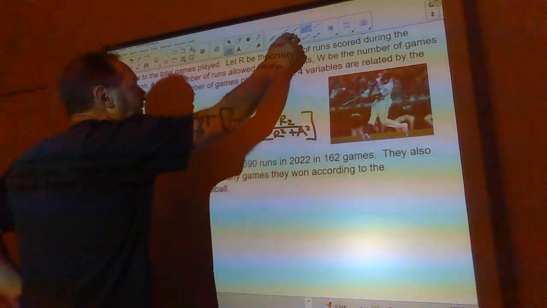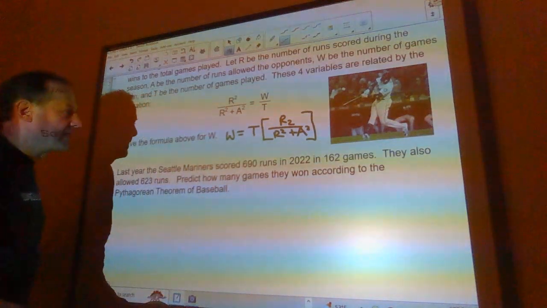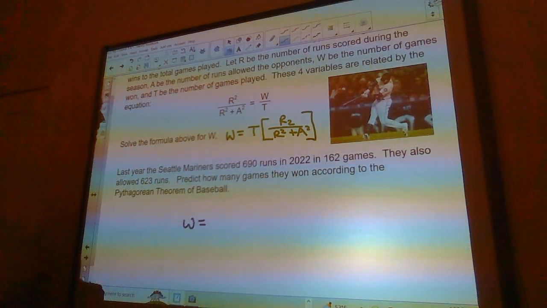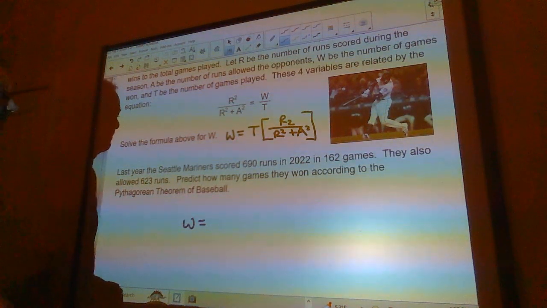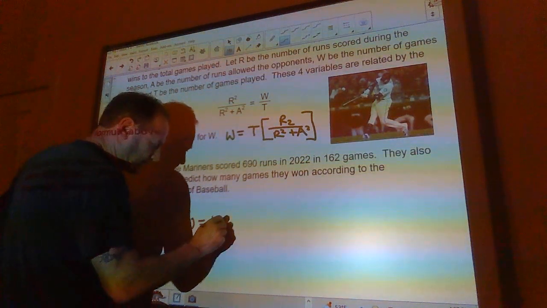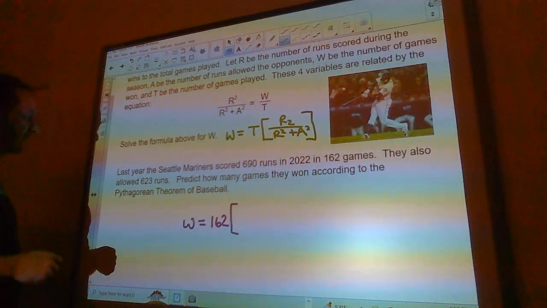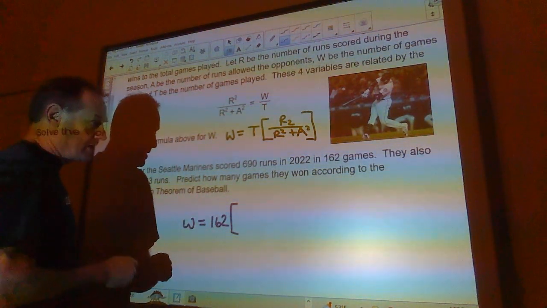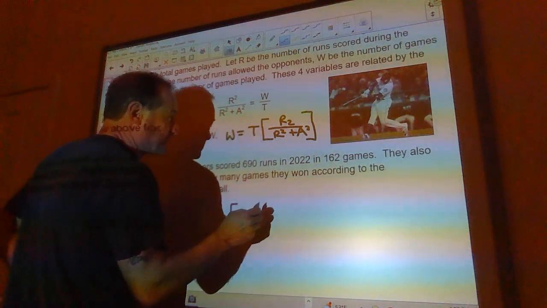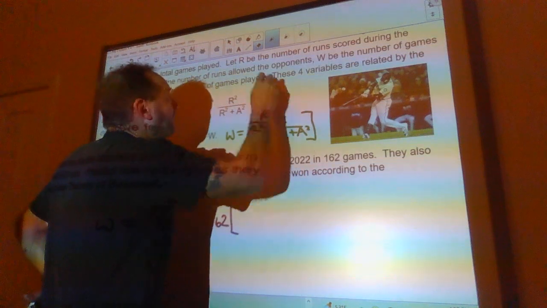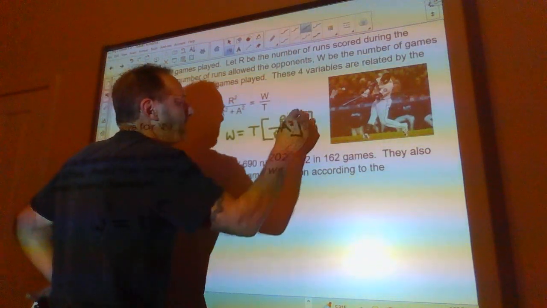Let's start with T. So the wins are going to equal, T is the total number of games played. That's 162. The runs that they scored was 690. Oops, it's not a subscript 2, that's a power of 2.